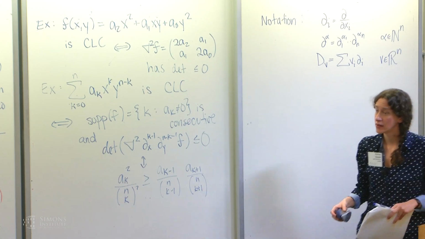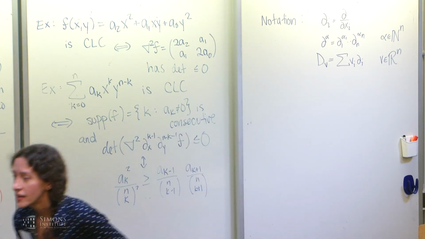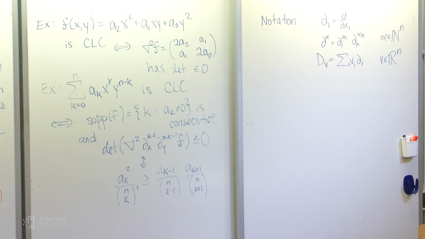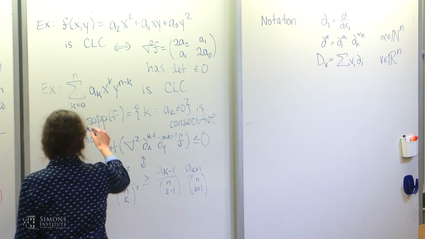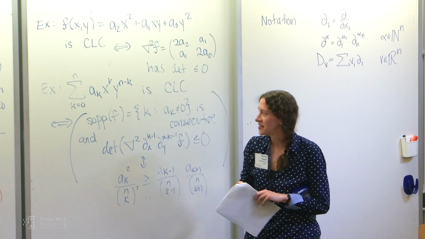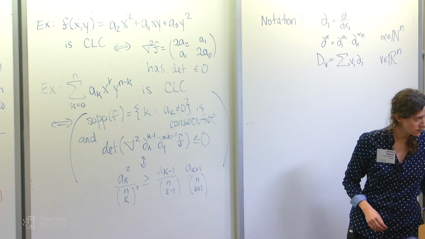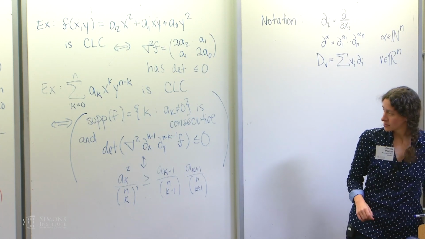Sorry? The consecutive coefficient which over 0, this thing is equivalent. So these should go together. You need both. By the way, there is a way kind of to say it in one statement.